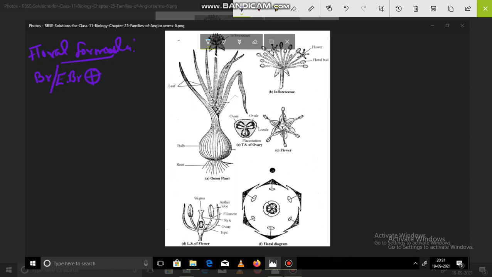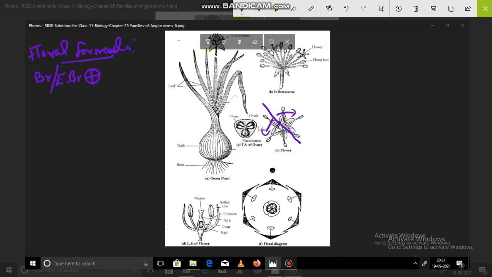Now what is the meaning of actinomorphic? Actinomorphic means no matter from which side you cut this flower, you will get 2 equal halves.